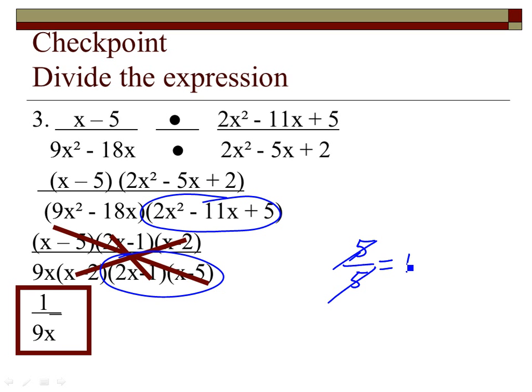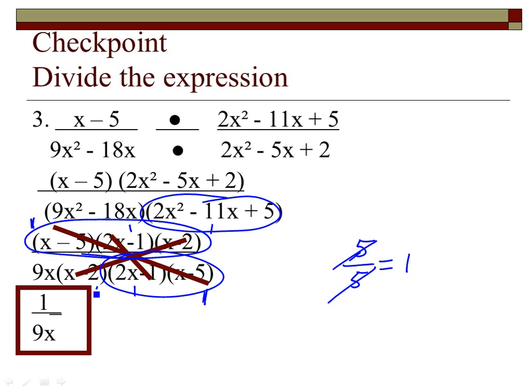And students get confused about that. There's something still up here, right? x minus 5 divided by x minus 5 is 1. We don't put the 1 there, it's understood. 2x minus 1 divided by 2x minus 1 is 1. x minus 2 divided by itself is 1. So there are 1s even if we don't write that.